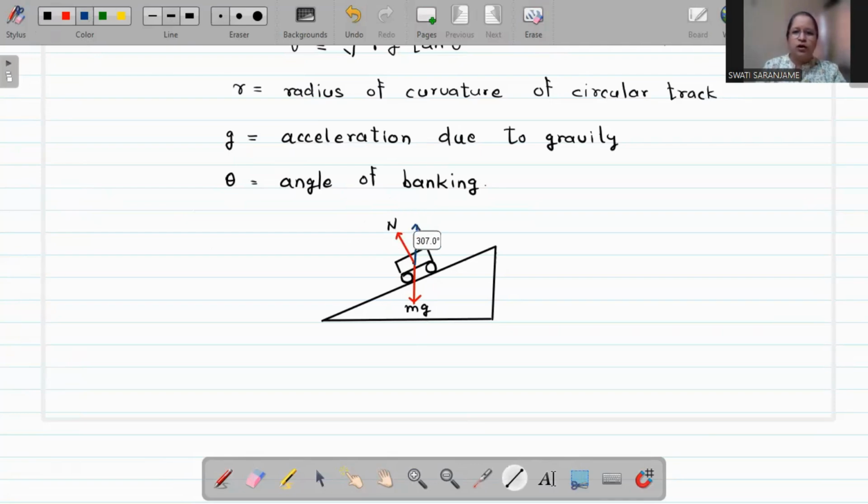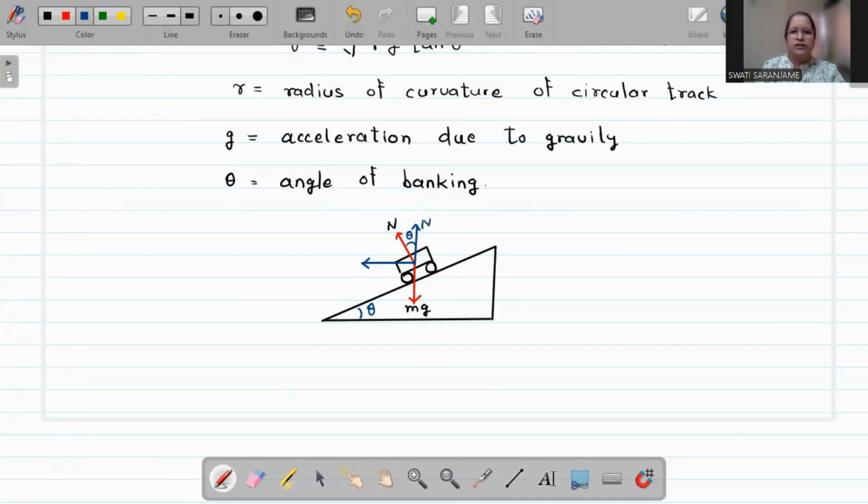So let us resolve this normal reaction into two components like this. One is along the line of weight mg but in the opposite direction. The angle is theta, and using the geometry you can find this angle will also come out to be theta.